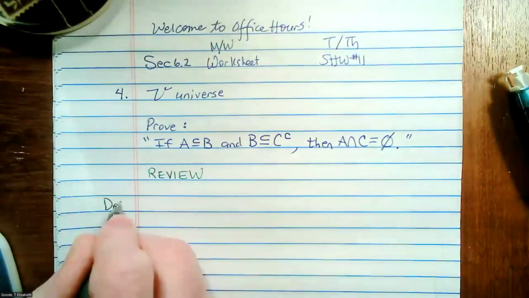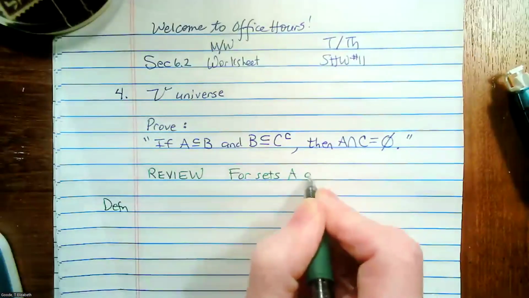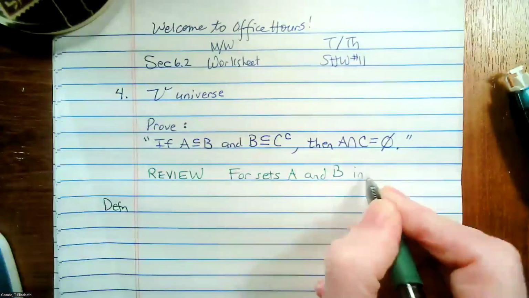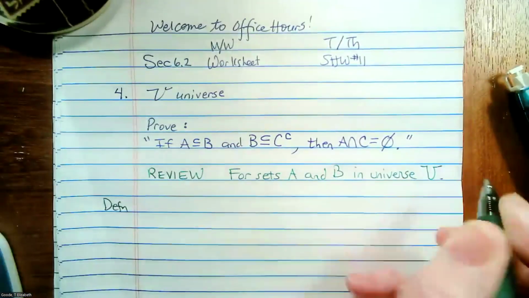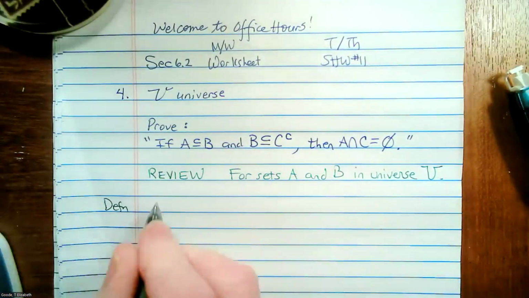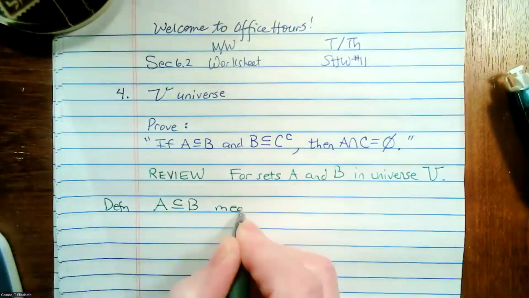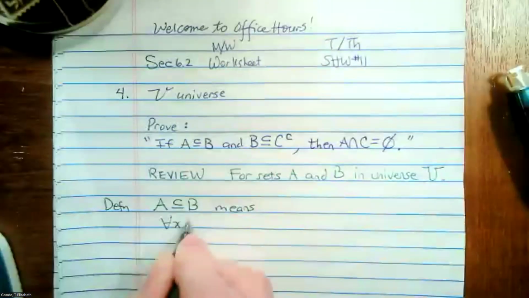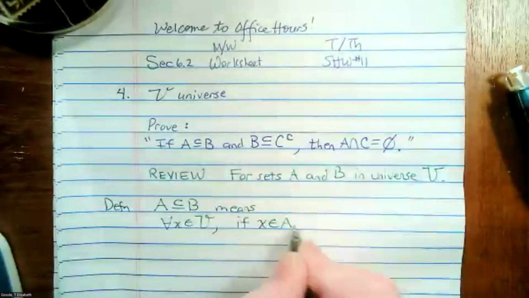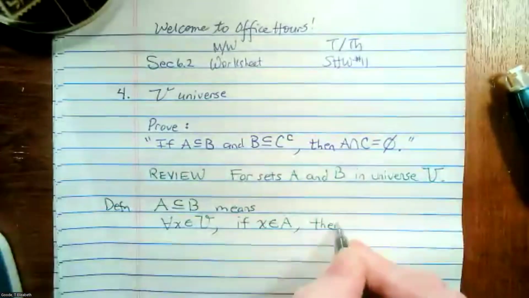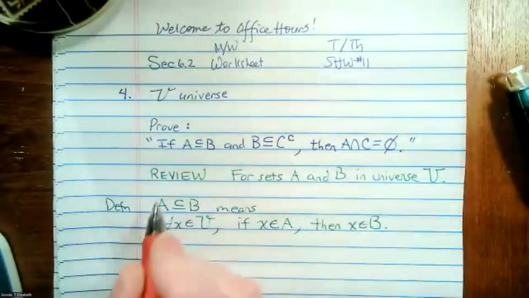Elements of A will be in B. A and B in a universe, which is every element in play, U. The definition: A is a subset of B means for all x in the universe, if x is an element of A, then x has to be an element of B. It's an if-then definition for subset of, okay?